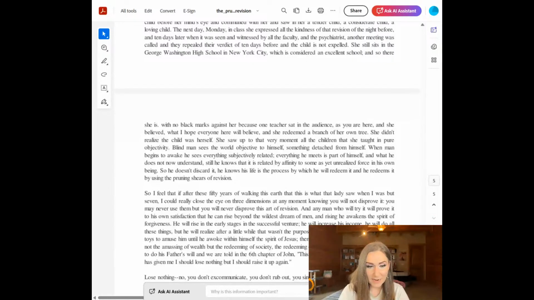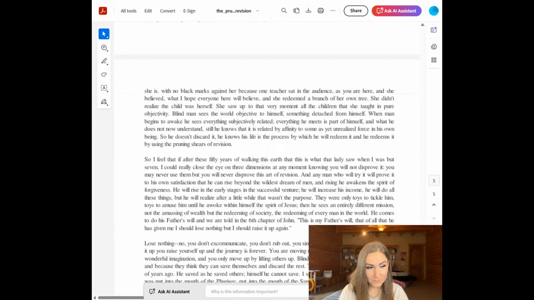Then he sees an entirely different mission, not the amassing of wealth, but the redeeming of society, the redeeming of every man in the world. He comes to do his Father's will, and we are told in the 6th chapter of John, "This is my Father's will, that of all that he has given me, I should lose nothing, but I should raise it up again."